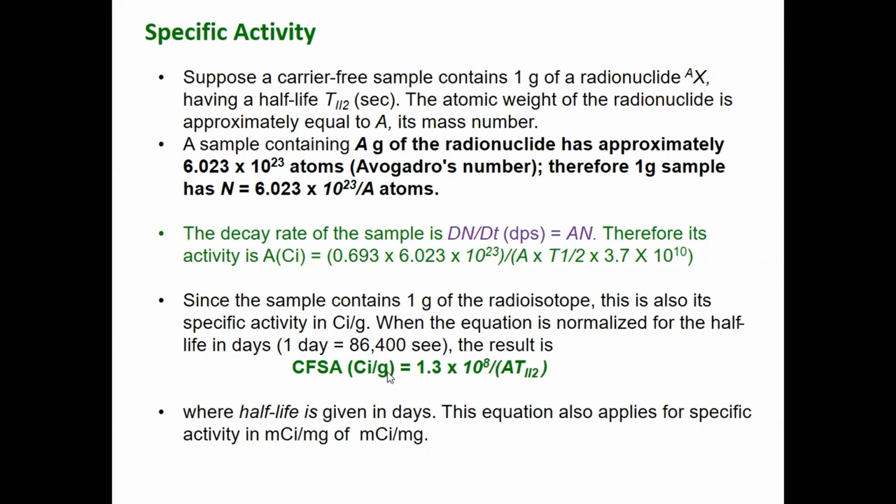The sample activity per gram for a carrier-free material is given by 1.3 times 10 to the power 8, divided by A, the mass number, multiplied by the half-life. The half-life is given in days in this expression, and one can change to other units. The equation also gives the activity in millicuries per milligram or microcuries per microgram.